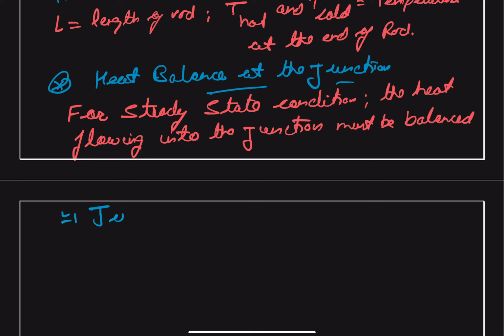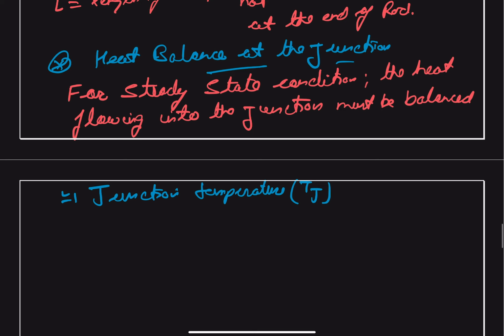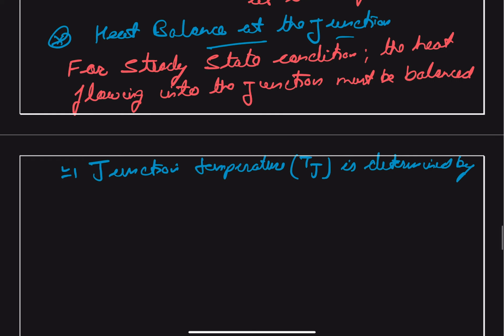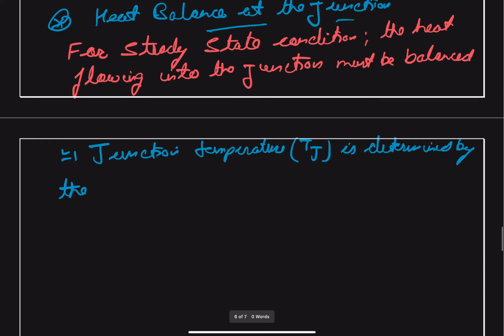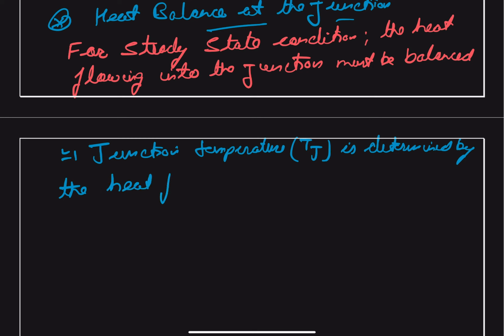We say junction temperature Tj is determined by the heat flow from the three rods.